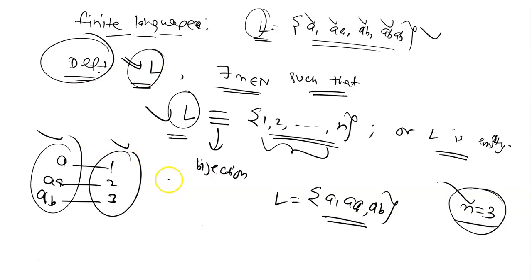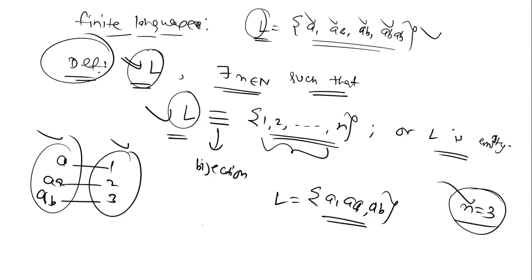Now we can also define finite languages in some other way. Remember why I am telling you all these different definitions of finite languages: in the exam they can give you any of these definitions, and some students cannot understand them. If in the exam they explicitly say that the language is finite, some students will understand.